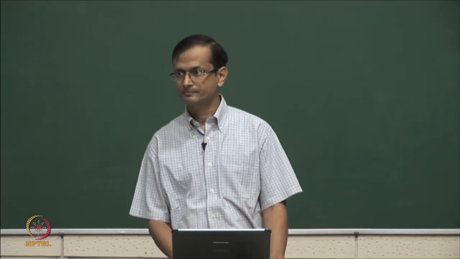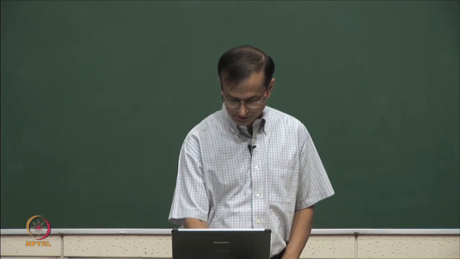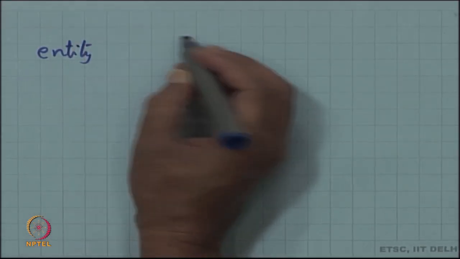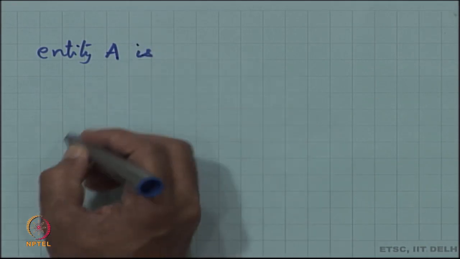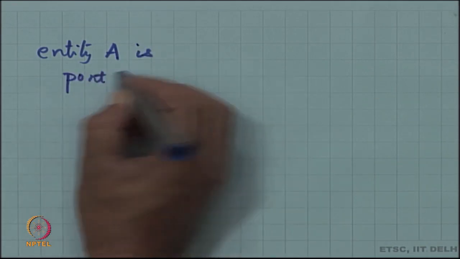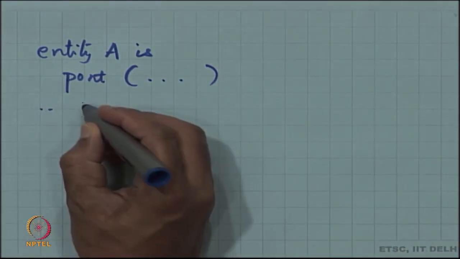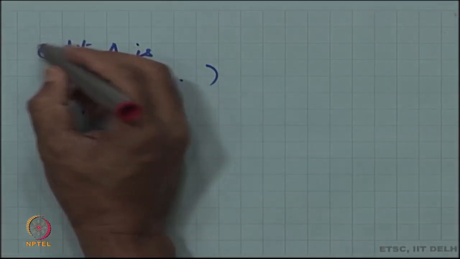So what is this parse tree and token? What is a token? The token is what we are separating the input into. If you have "entity A is port" and so on, each of these is a token.